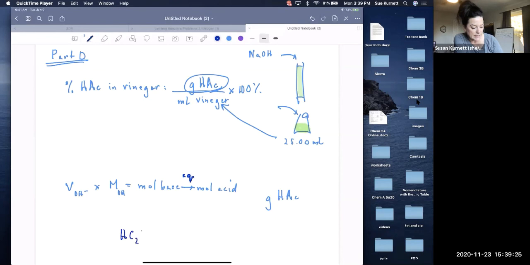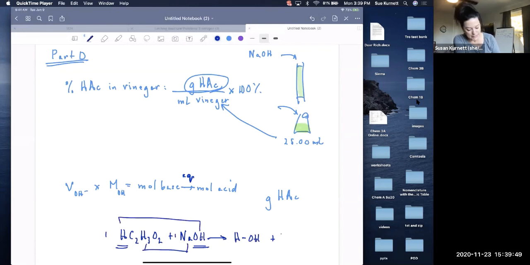Take the equation for acetic acid and add sodium hydroxide to it. Acid plus base makes water plus salt. One hydrogen in the acid, one hydroxide in the base means we're going to make one molecule of water. It's a 1-to-1 ratio. And the salt is going to be sodium acetate.